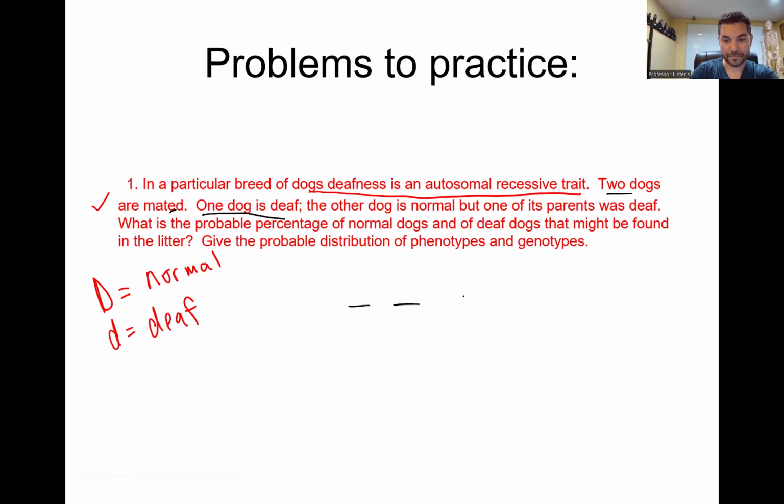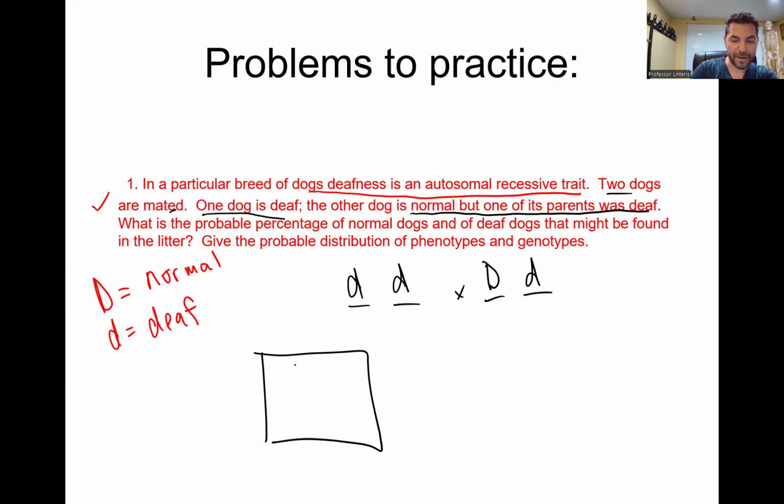What does that mean? One dog has little d, right? The other dog is normal, but one of its parents was deaf. That tells me that that second dog has to be big D, little d. What is the probable percentage of normal and deaf dogs that might be found in the litter? Give the probable distributions of genotypes and phenotypes. Cool, we got that. So as long as you set it up right, you'll probably be okay.